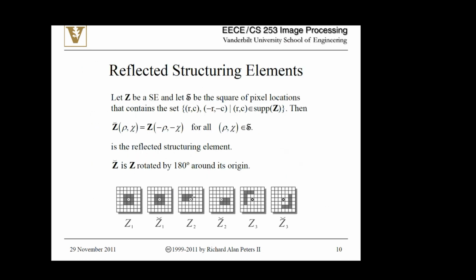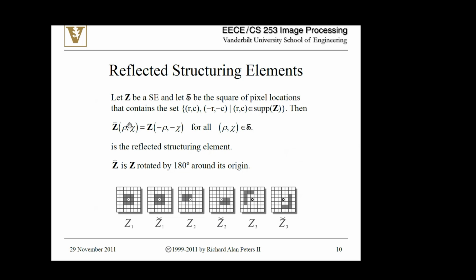Okay, so then we can also define the reflection of a set. You have a structuring element set, and then you can reflect it. The reflection is the set of minus R, minus C, where R, C belongs to the support of the set.